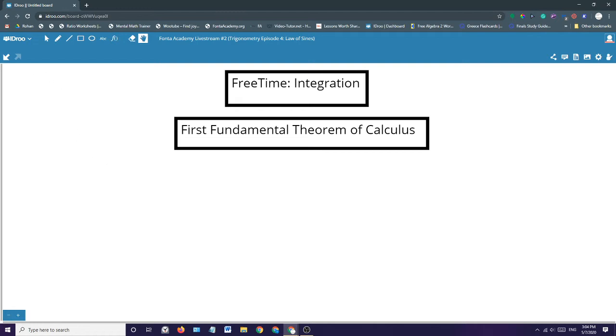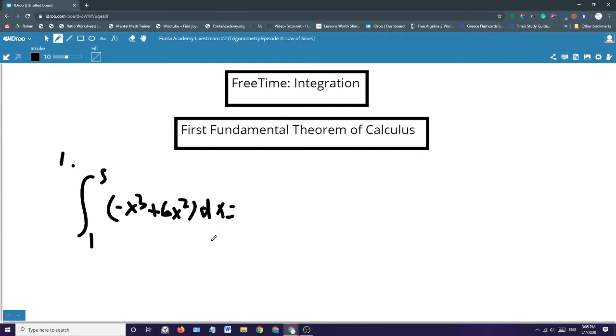So number one: let's say we have an integral from 5 to 1 of negative 3 cubed plus 6x squared dx.